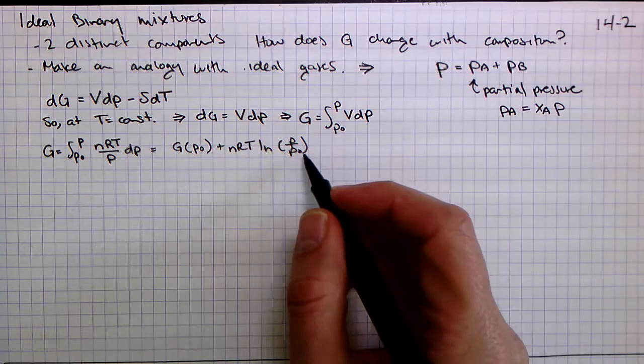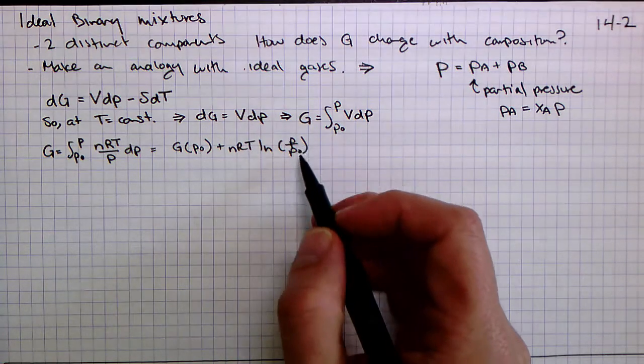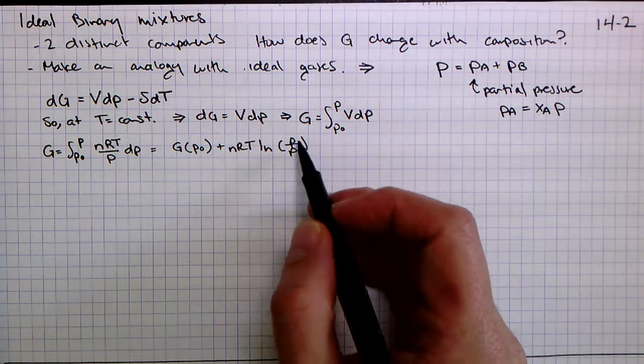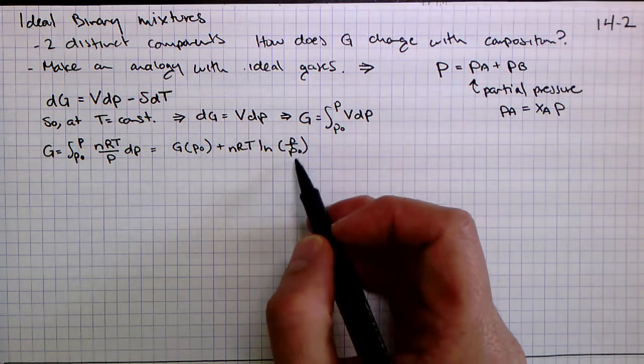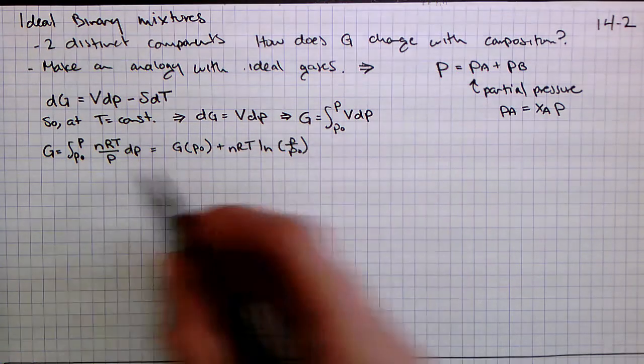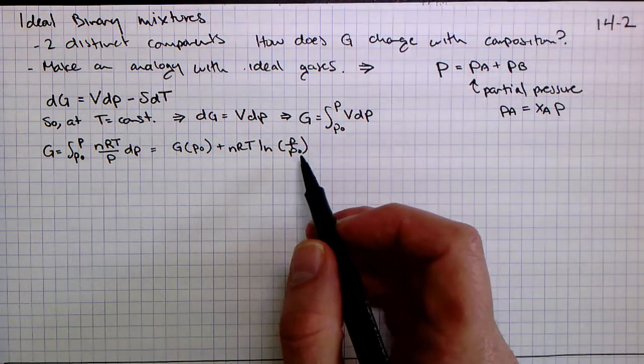So the free energy of the ideal gas depends on the temperature and the number of moles, but it's related to the ratio of the pressures, right? So if we change the pressure, we change the free energy, and we hence change the free energy per mole.